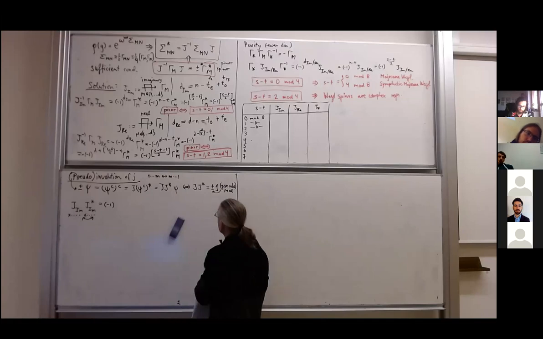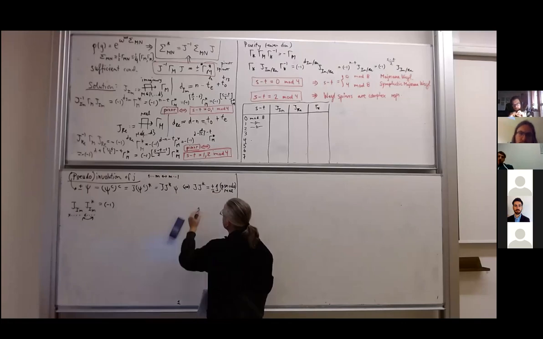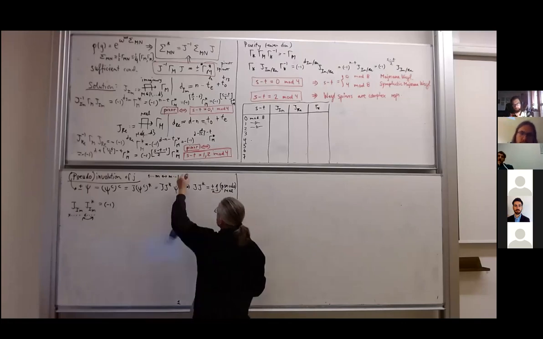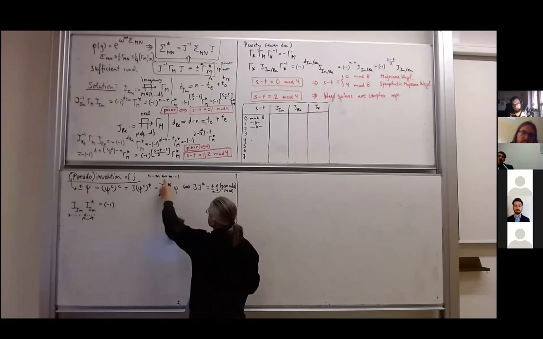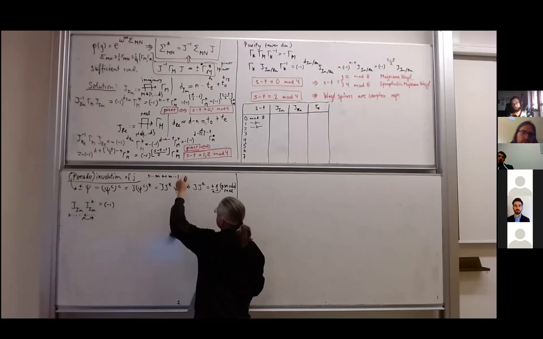And I claim that that's the same as: first I have to permute m minus 1 terms, and then do it by m minus 2 and m minus 3. So I see that this is basically the triangle number where I have to sum i equals 1 up to m minus 1 of i.